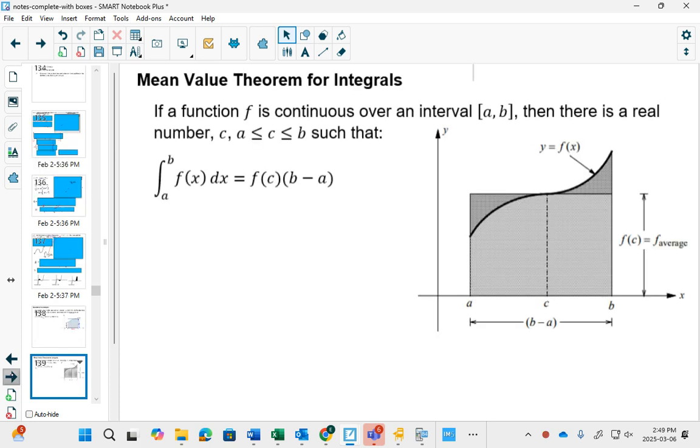Next, we get to our mean value theorem of integrals. If you have a maximum value and you have a minimum value, and the fact that the function is continuous in there, there's going to be some value in the function in the middle where if you made a rectangle there, it would be perfect. In other words, you could draw any curve.